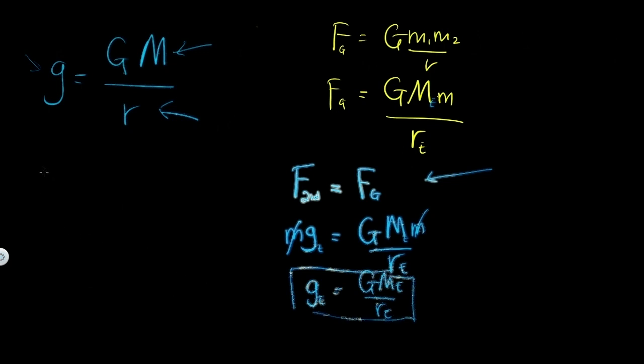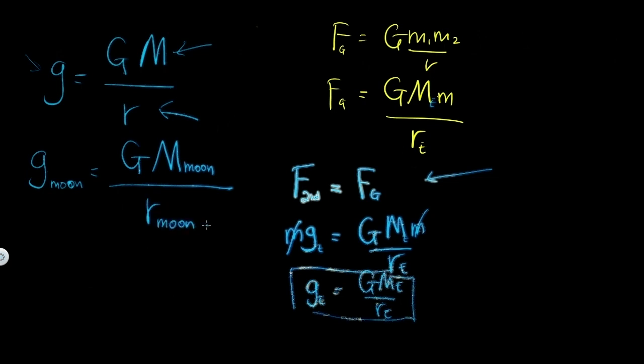What if scientists want to find the gravitational acceleration on the Moon? Of course, they need G, whose value is always the same, and they need the mass of the Moon itself and also the radius of the Moon.